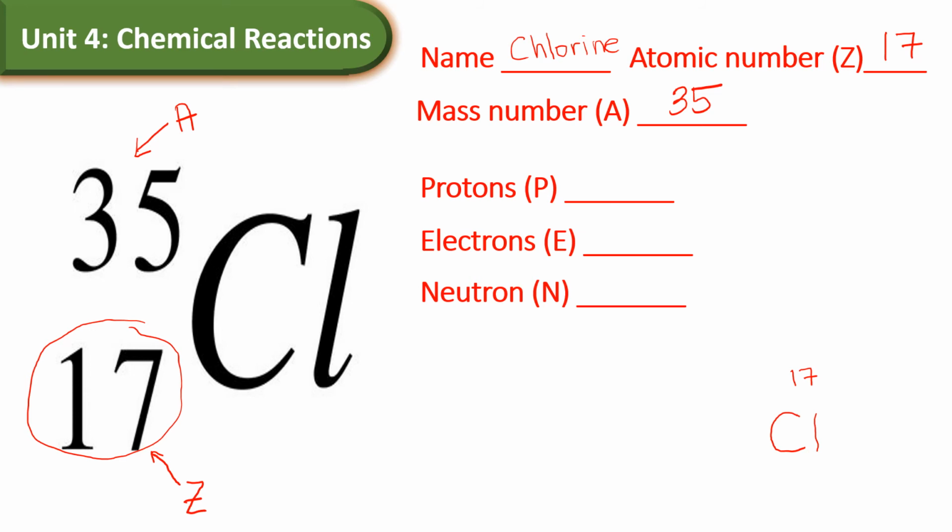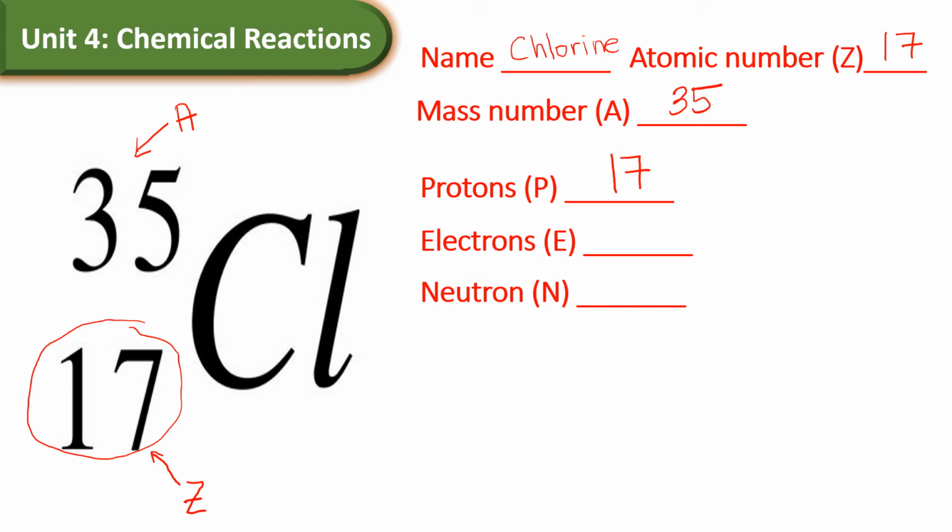Okay, now let's go to the number of protons, electrons, and neutrons. Again, what did I tell you about your atomic number? Your atomic number will tell you the number of protons. My atomic number is 17, therefore my number of protons here is also 17.